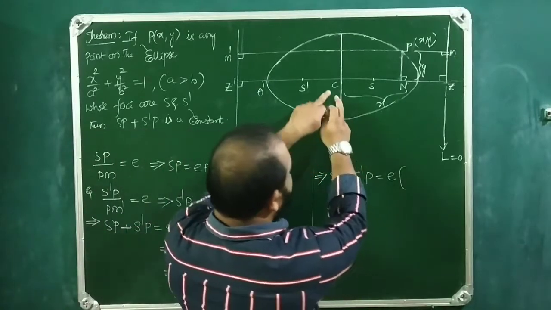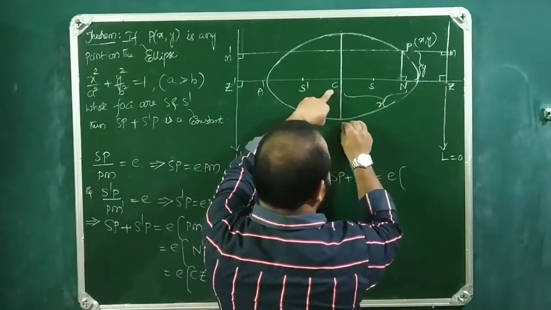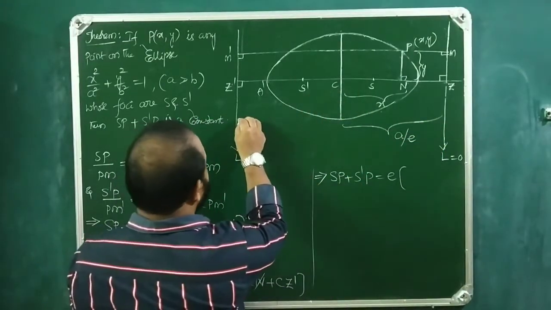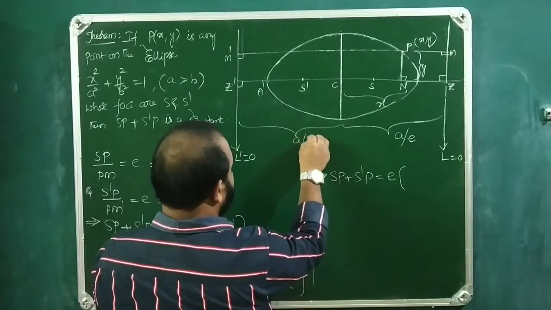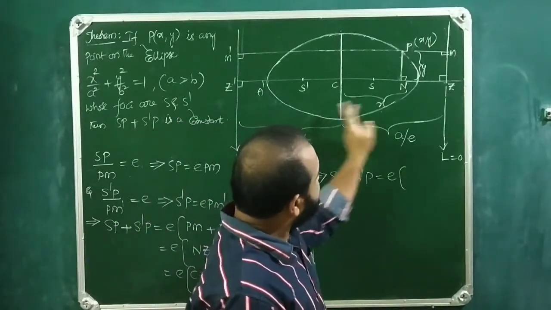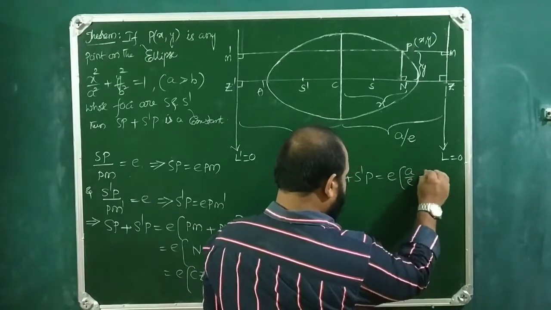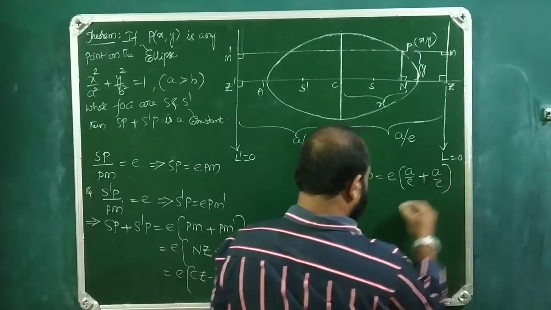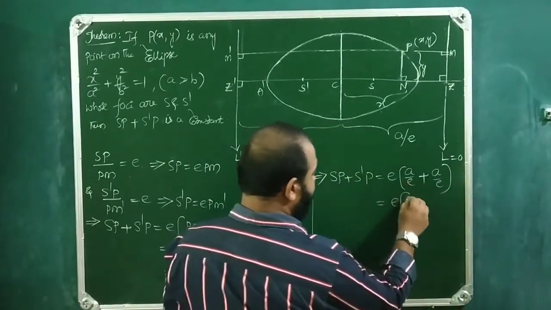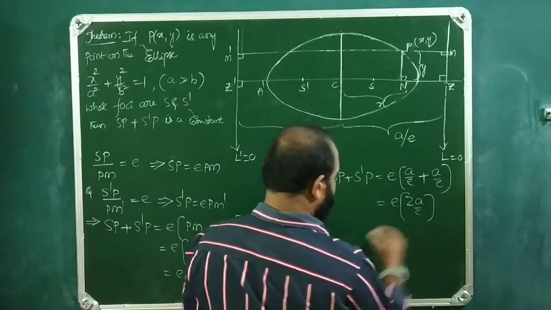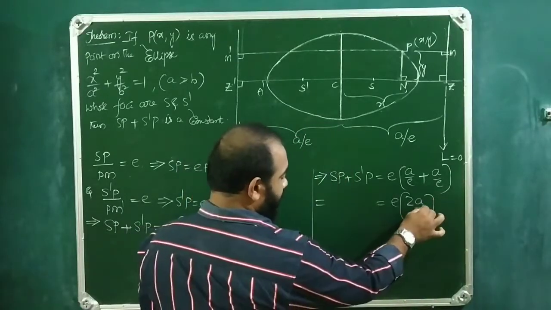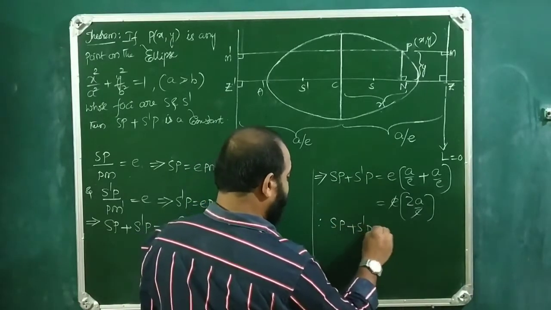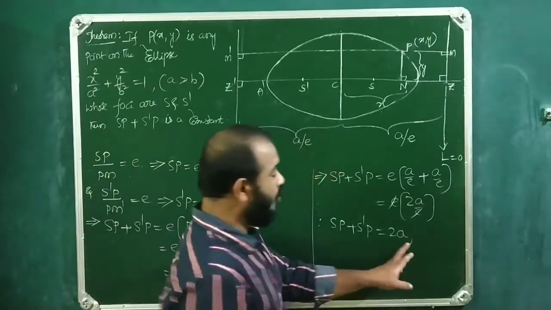The distance between the center and the directrix is a by e, which we have proved in the theorem. Obviously CZ dash is also a by e. So CZ plus CZ dash is 2a by e. This equals e into 2a by e, the e gets cancelled. Therefore SP plus S dash P equals 2a, which is a constant.